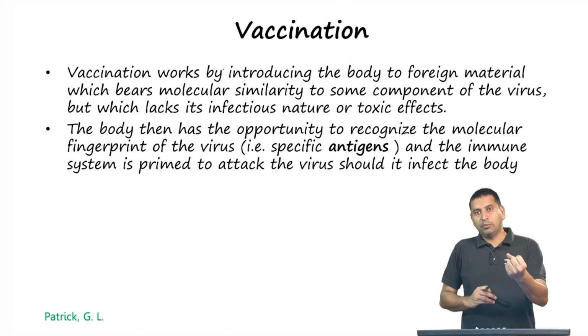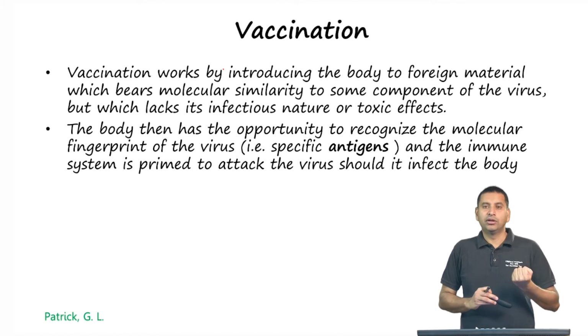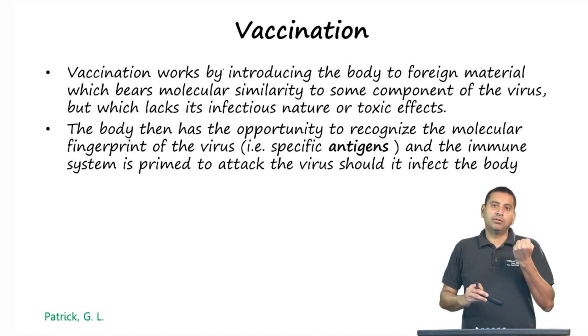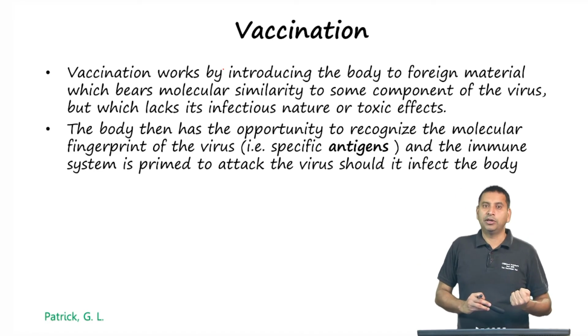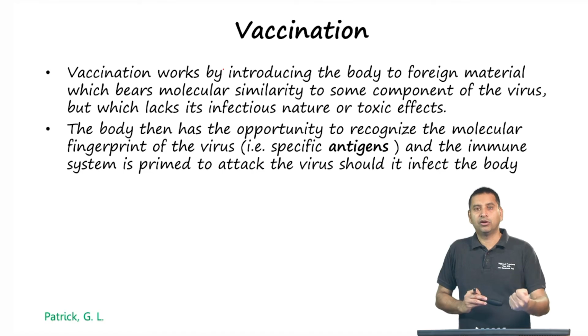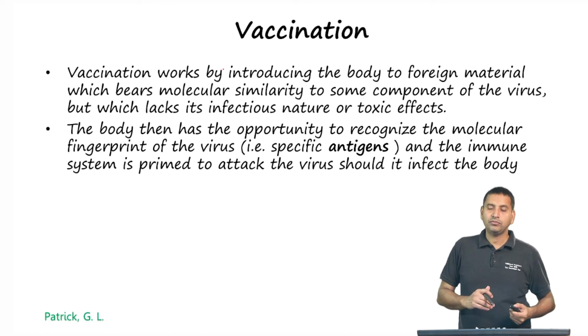Our immune system recognizes these as foreign and starts generating antibodies for eliminating this new material. Therefore, we provide the opportunity for the molecular fingerprint of the virus to encounter the immune system, and now the immune system is primed to attack the virus which can infect the body.